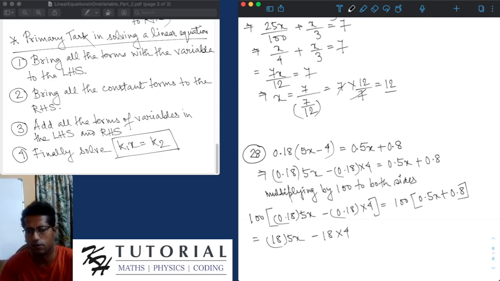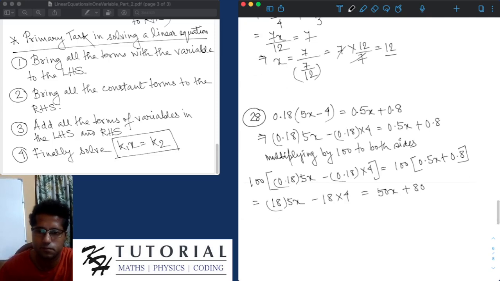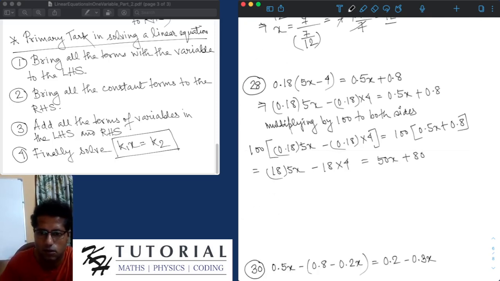So I got rid of the decimal part, equals the right hand side will become 50x plus 80. Now 18 into 5 is 90x minus 18 into 4 is 72 equals 50x plus 80.